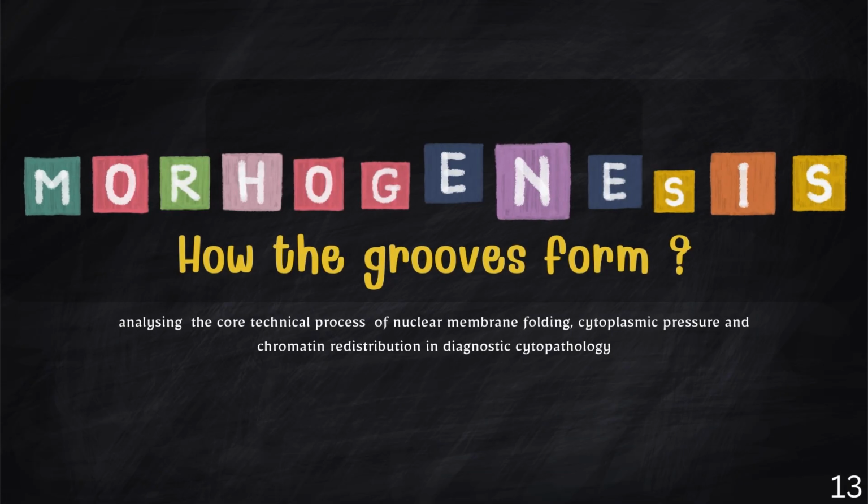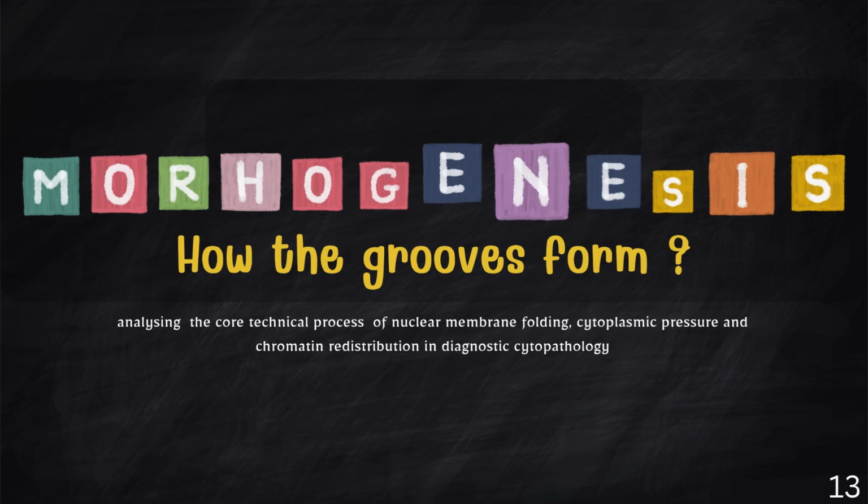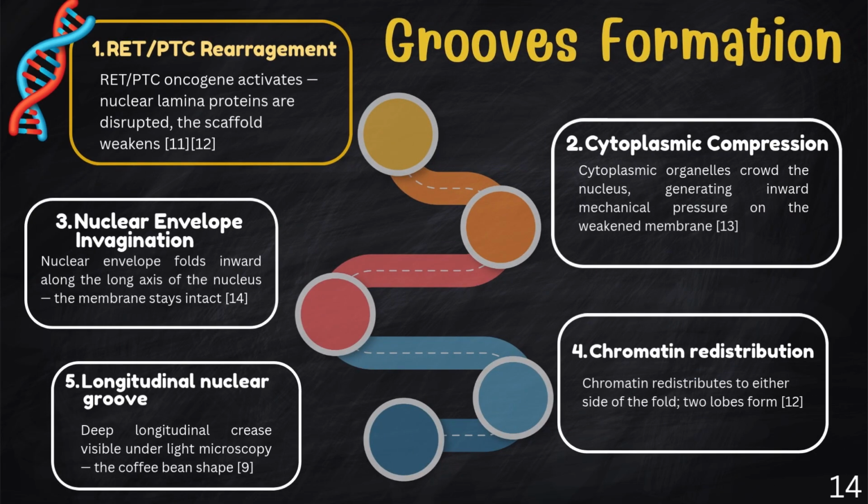The next part, I'm going to present about morphogenesis, how the groove is actually formed. The groove is not formed in one step, it's formed step by step. In this slide, I'll show the overview of the groove formation.